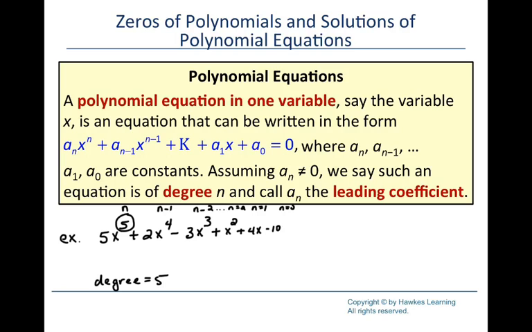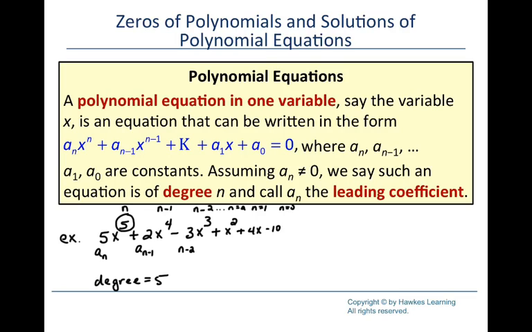Okay, and then for our coefficients, if we're going back into that blue equation, 5 is our a sub n, 2 is our a sub n minus 1. It's the coefficient in front of that n minus 1 power. Then negative 3 is your a sub n minus 2.